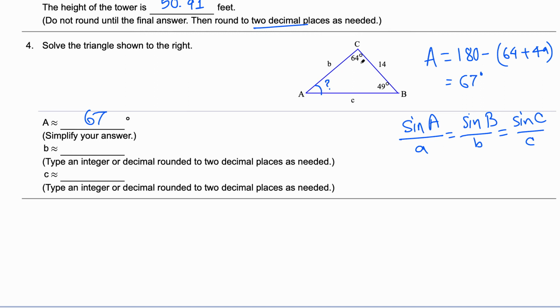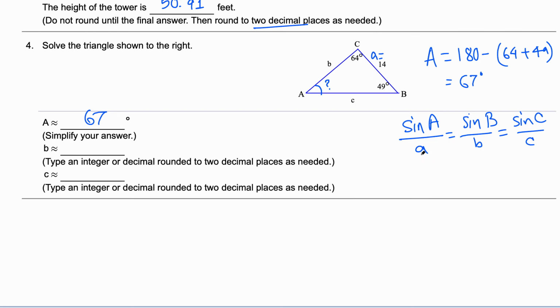Okay, sine laws. We just take two fractions at one time. So all three angles are known. This little A equals 14, by the way. A is known, so we want to make use of this side. So we need to use sine A over A and, let me use, sine B over B. That way I can determine lowercase b because angle B is given. I'm going to use the first two.